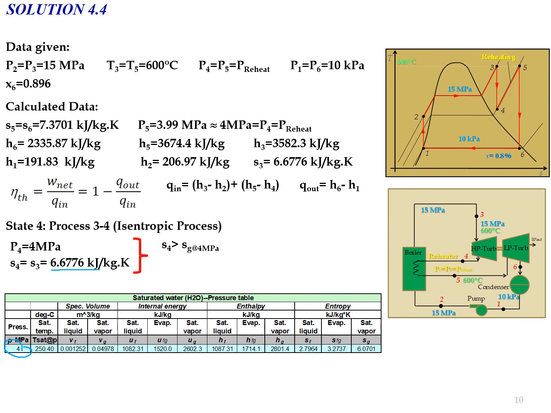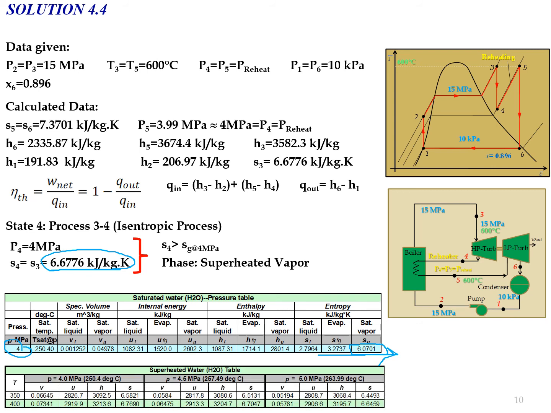The value 6.676 is more than the saturated vapor entropy here, so it is in the superheated vapor region.